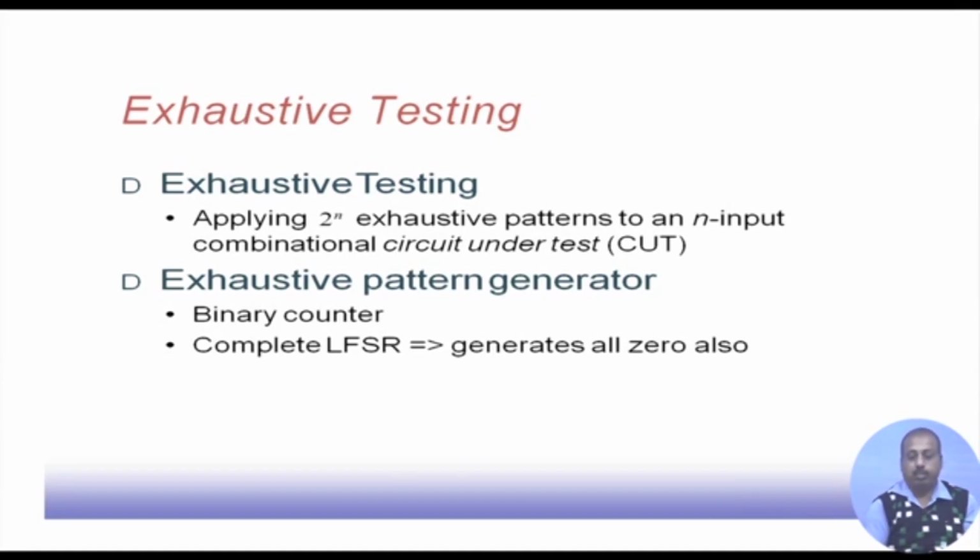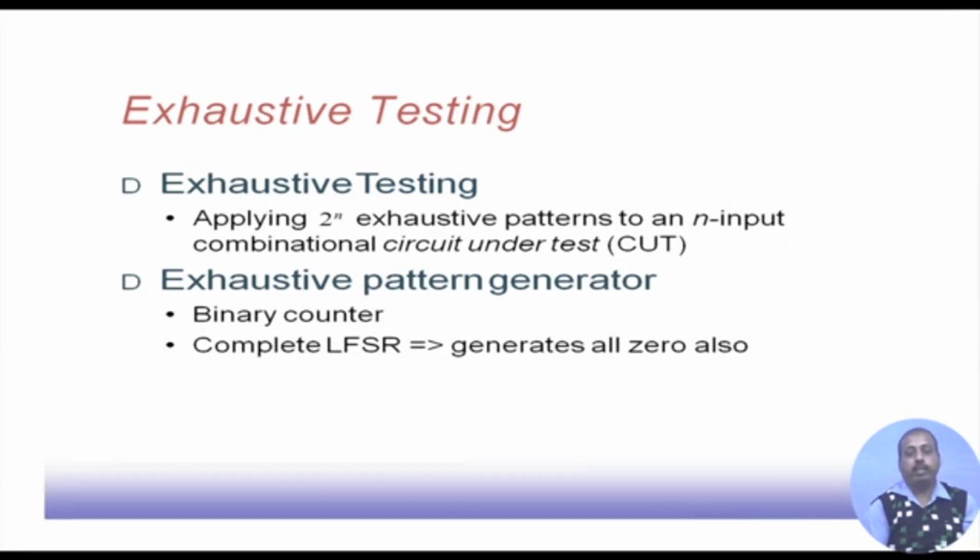Since we want to apply all 2 power n patterns, if I have a binary counter that goes from 0 to 2 to the power n minus 1, it generates all those patterns, and then of course we can use it as an exhaustive pattern generator.